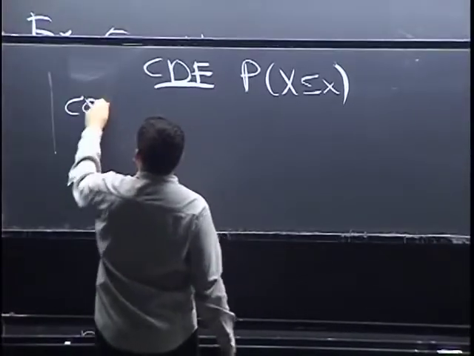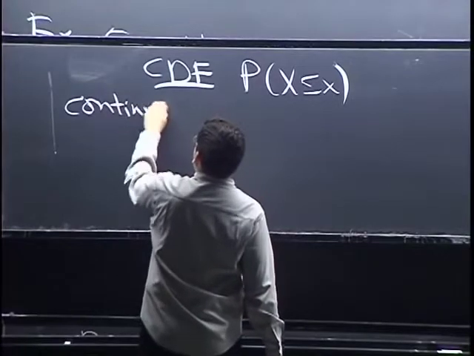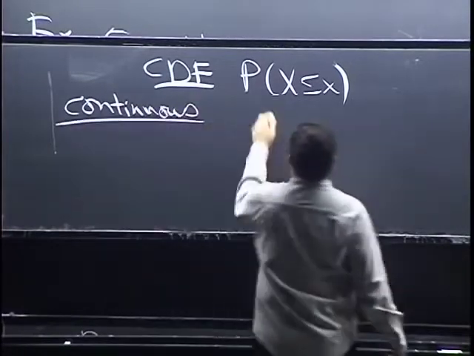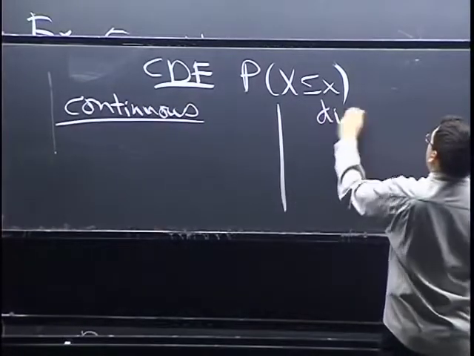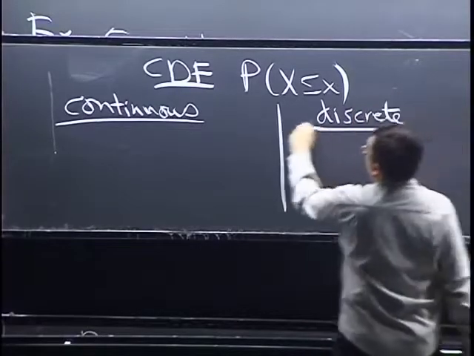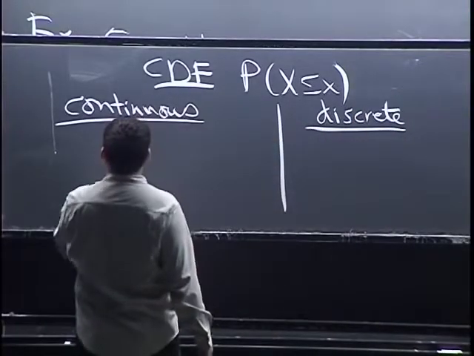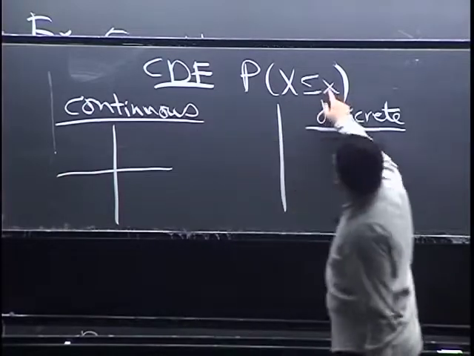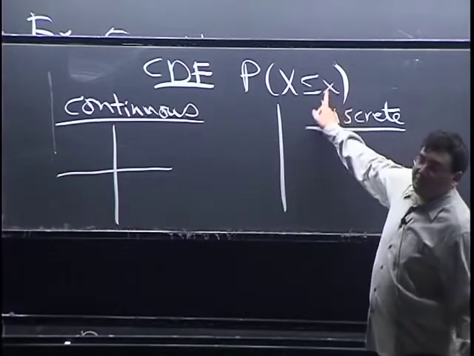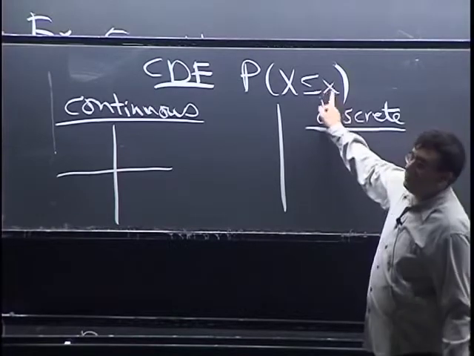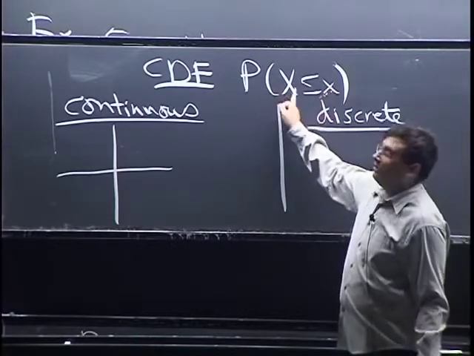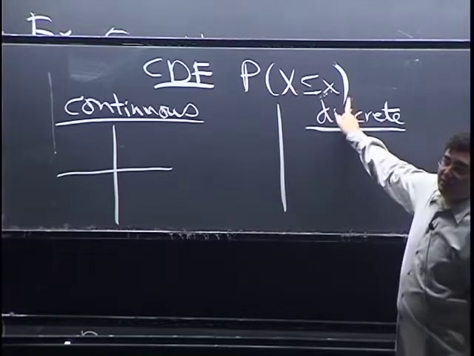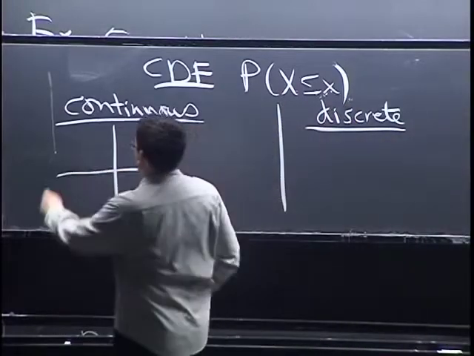I'm just going to draw a continuous one and a discrete one, and we'll talk more about these next time, but just to have a picture in mind. Continuous one might look like this, where notice if x is like negative 1 billion, if you let x be more and more negative, it gets less and less likely that X is less than or equal to x, right? So it's going to approach 0 this way.